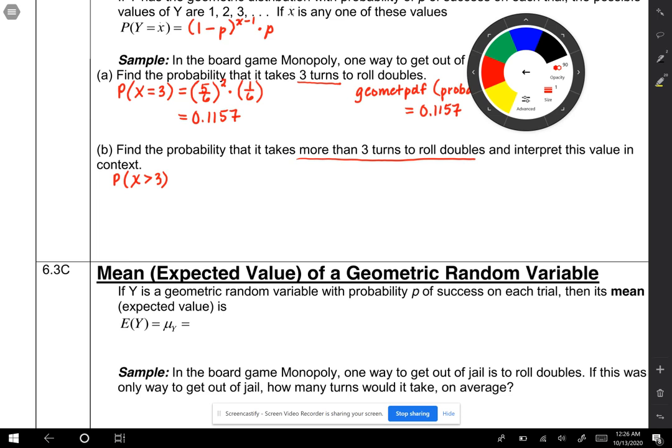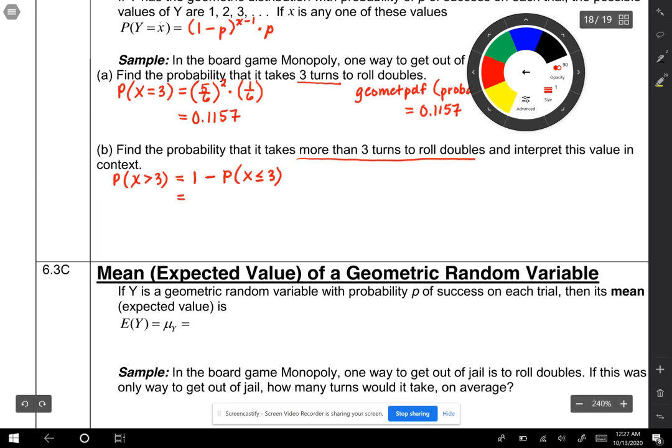So you want to subtract anything 3 and less from 1. And that's where that comes in handy. So you want to do 1 minus the probability that x is less than or equal to 3. Because remember, you don't want 3, 2, 1. Anything less than or equal to 3 you don't want, but you want anything greater than 3. So you want the 4, 5, 6, 7, 8, 9, whatever.